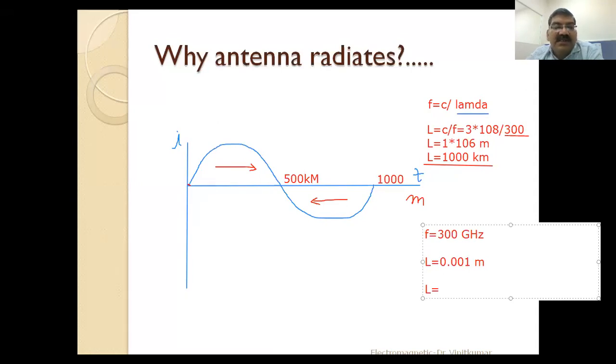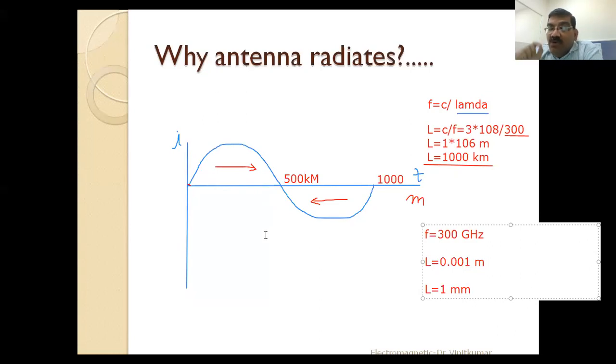Is it a very difficult calculation? Okay, I got a response in the chat. Yes, so it is okay. So this is equal to 1 mm. Am I right? So it is 1 mm, with 0.5 mm going forward and 0.5 mm coming reverse.